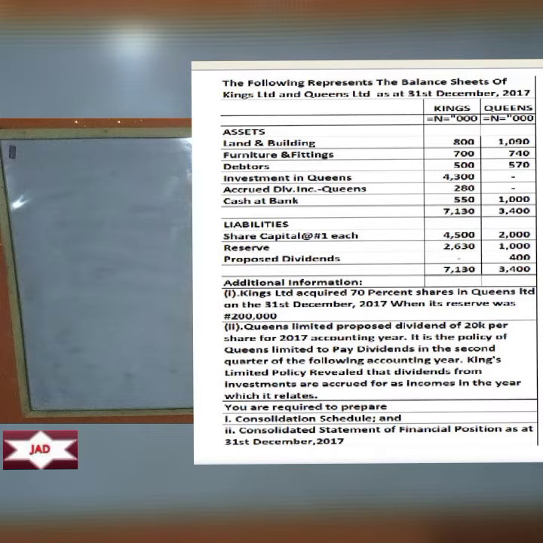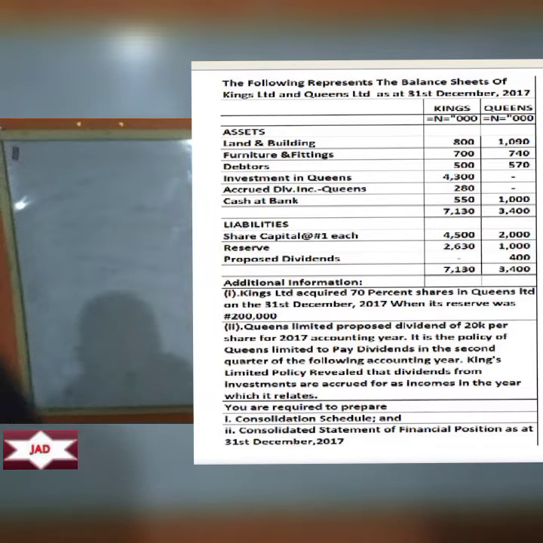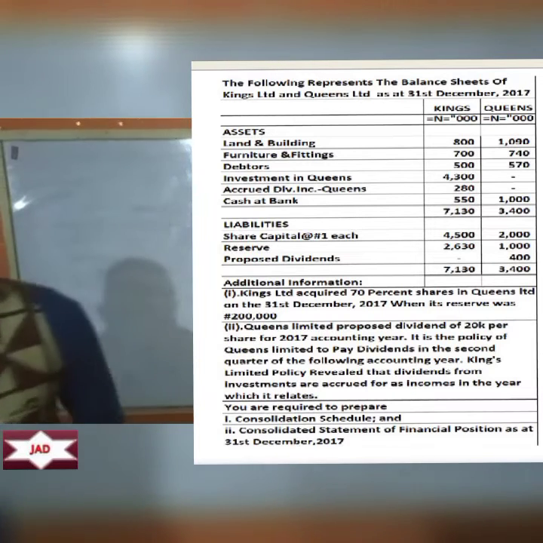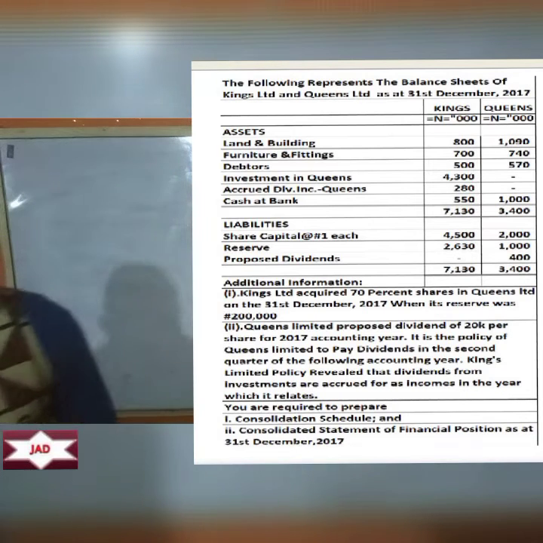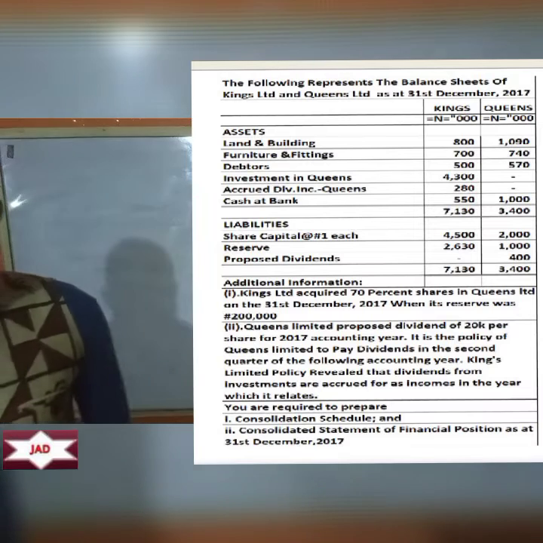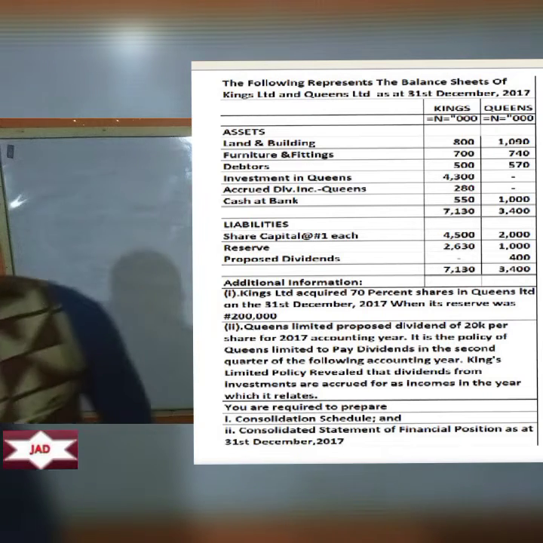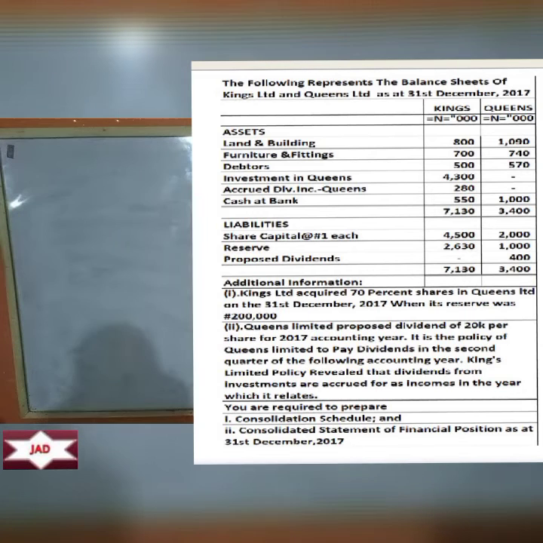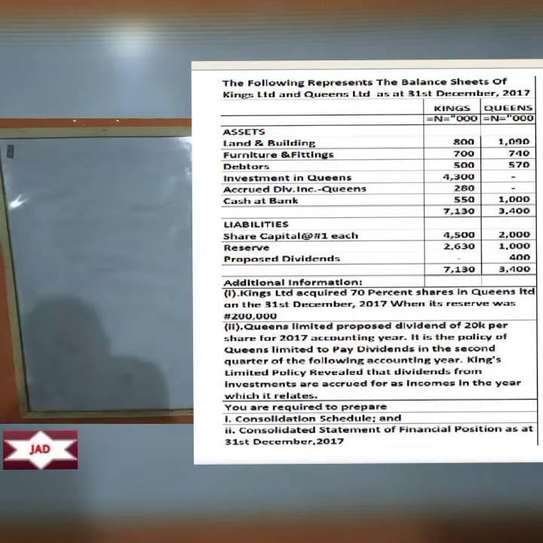So here it's saying that Queens proposed dividends for the 2017 accounting year, but they've not paid it because their policy is to pay in the second quarter of the following accounting year. But Kings, which is the holding company here, has a policy that accrues for dividend from investment, as income in the year which it relates.